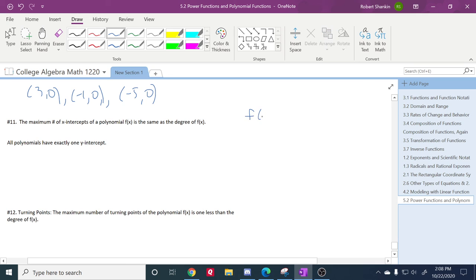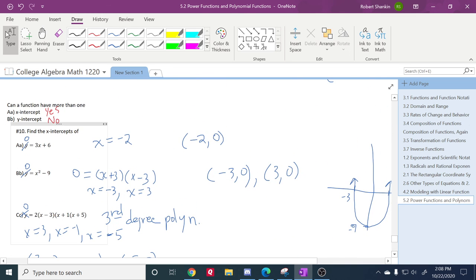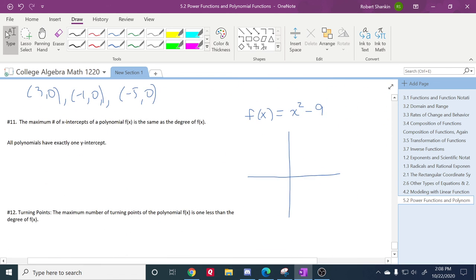Suppose f of x was a polynomial like this, x squared minus 9. We just saw this, and we just saw that this had two x-intercepts, at negative 3 and at 3. Suppose this one had 3 x-intercepts.